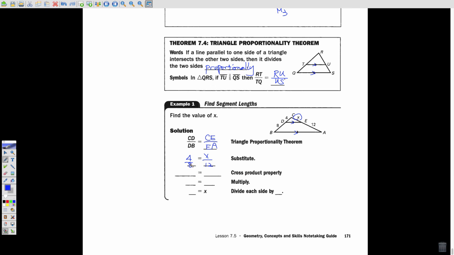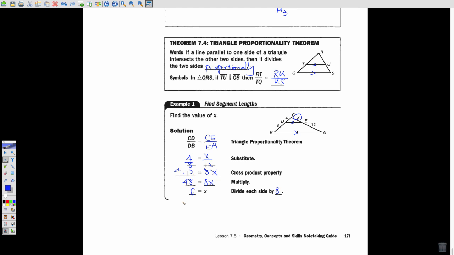Then we can cross multiply. That's how we solve proportions, the cross product property. So 4 times 12 should equal 8 times x. 4 times 12 is 48, and 8x comes down. Now I divide both sides by 8, and I should have x equals 6.